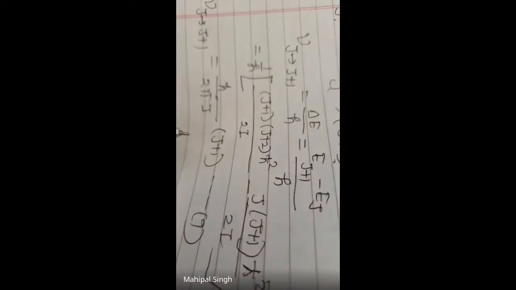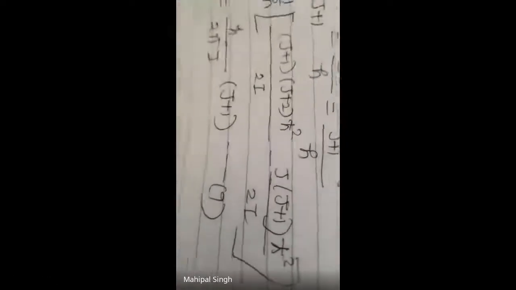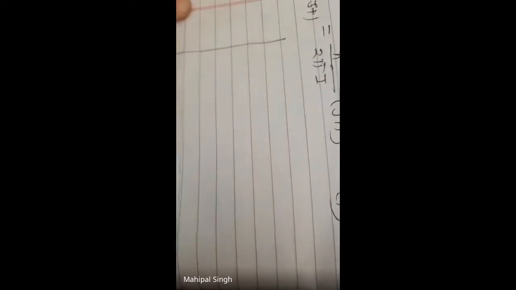Let us see here for this. Here, this is E J, and on the x-axis, this is frequency nu.